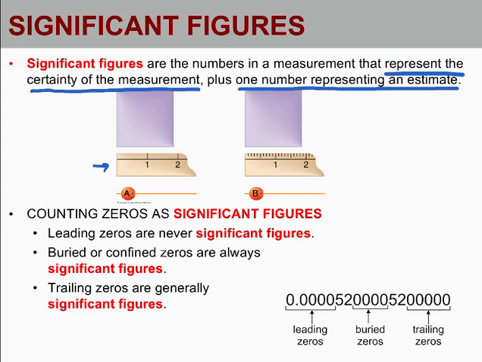So we can for sure say that the side of the square is 1, and maybe this is in centimeters. So that value is significant, but then we also need to add an estimated digit. So let's line this up here. Let's say that that's about 1.8 centimeters.